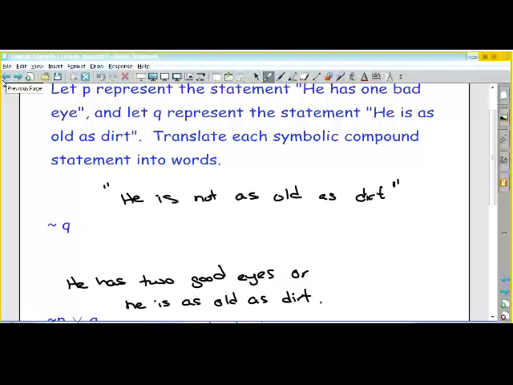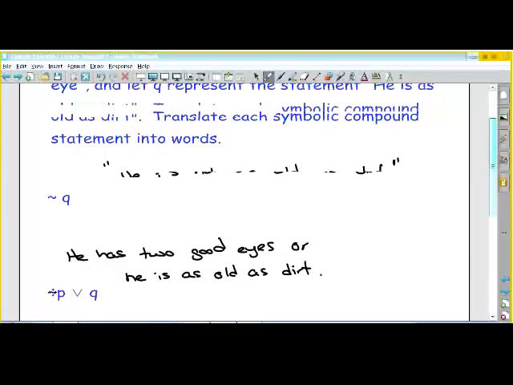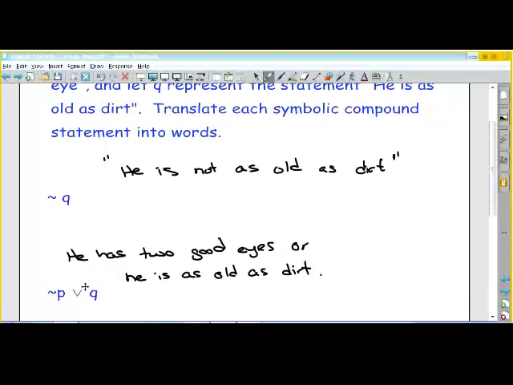Okay, so that's that one. The question was this. There was no question. What we were doing was writing out in words what this represents. So it's the negation of P or Q. I did a negation of statement P, which was he has one bad eye, and decided that the negation of that is he has two good eyes.